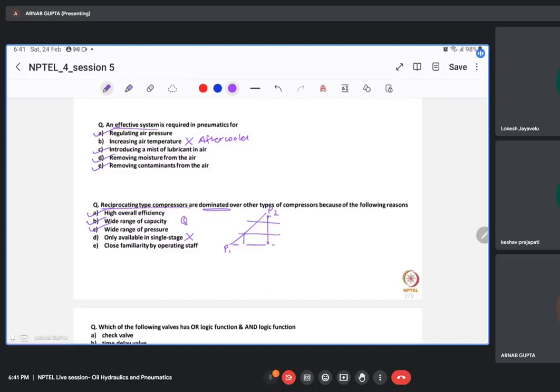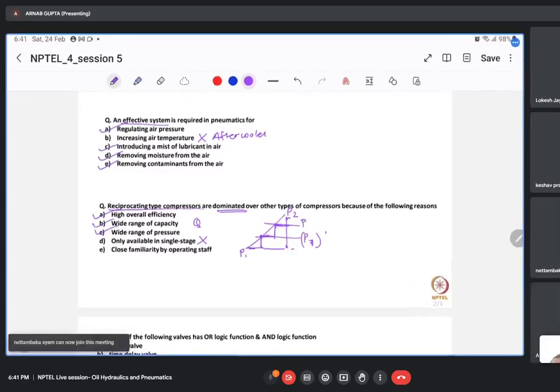The first compressor will compress the gas and increase its pressure, and the next compressor will again compress that pressurized gas at P1 to a next higher level, and finally pressurize it to P2. So this is multi-stage compression, which is possible by using multi-stage reciprocating type compressors, also available in the market. So this is not a correct option.